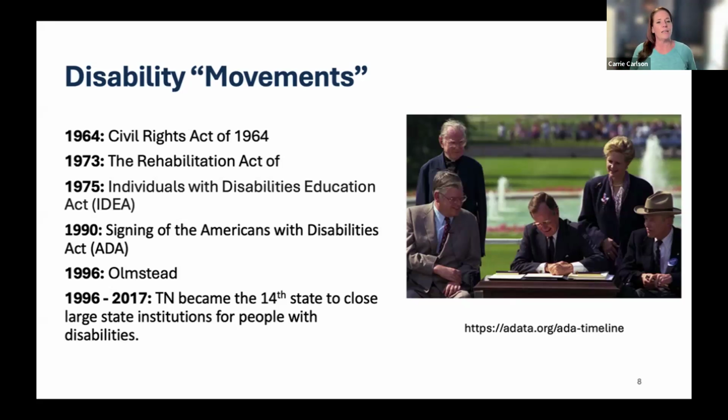And between 1996 and 2017, and I know looking at the chats, there are a lot of people on this call today who helped in the state of Tennessee, right? Tennessee became the 14th state to close our large institutions for people with disabilities. And the last one closed in 2017.